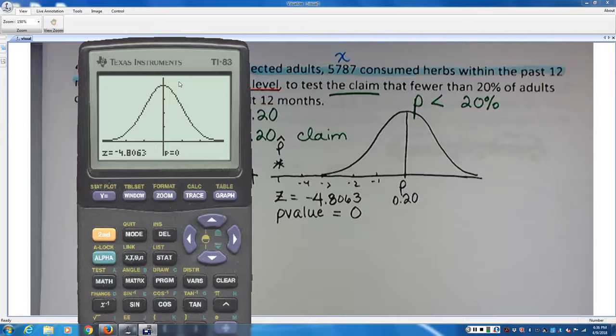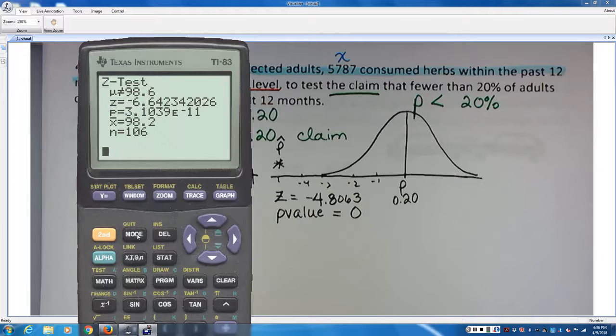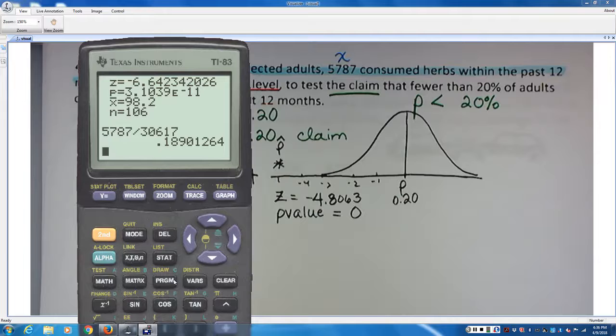Now, if you want to know why it's that far down, you can actually calculate. So it's 5787 divided by 30,617. That sample proportion is 18.9%.